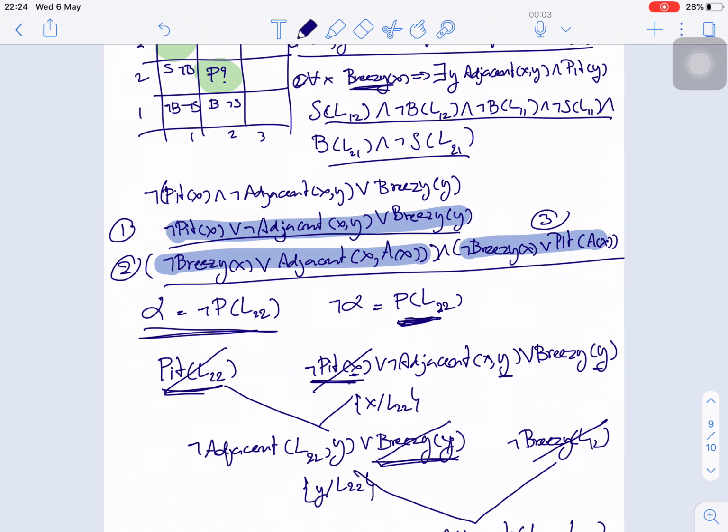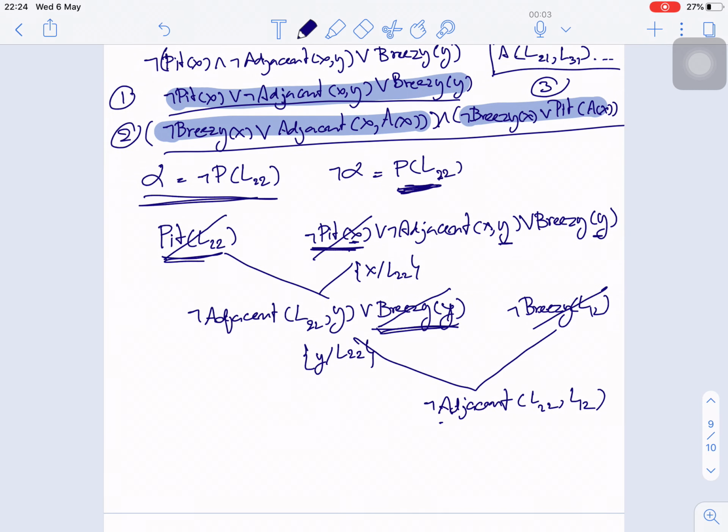So there must be adjacent L11 L12, adjacent L11 L21, adjacent L21 L31, and there must be a lot of these kinds of predicates.